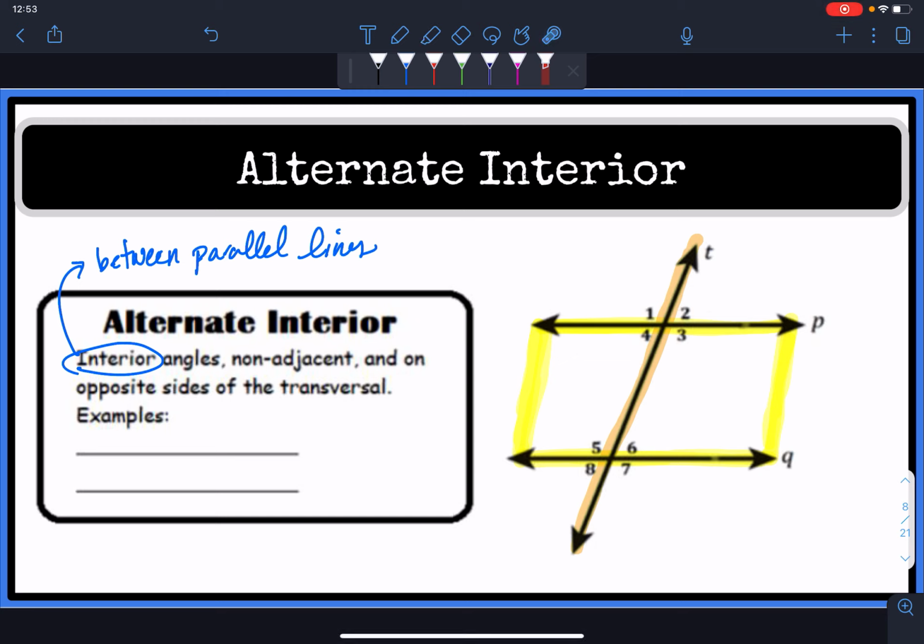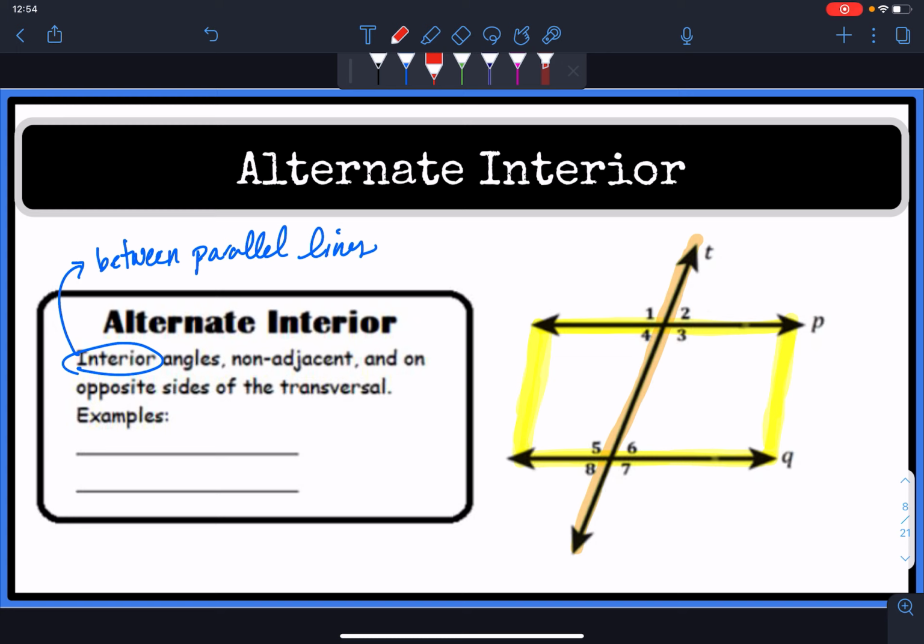So in this case, the interior angles are 4 and 3, 5 and 6. And the alternate interior angles would be, for example, 4 and 6. Notice again they're both in between the parallel lines, but they're on opposite sides of the transversal. 4 is on the left, 6 is on the right.